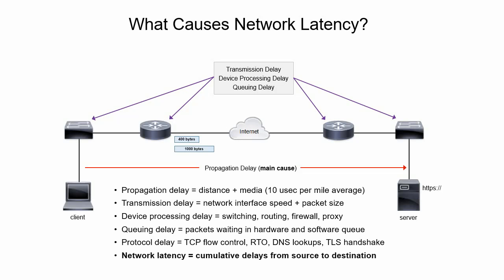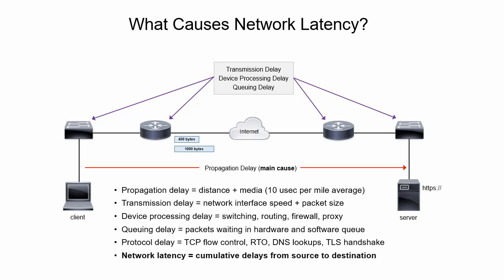Then there's queuing delay, and that's just packets waiting in the hardware and software queues. Software queues mean QoS. Hardware queues are standard with the devices you get and have nothing to do with QoS. So queuing delay will just be standard if the device is busy or the circuit is busy. You'll have queuing delays as part of trying to get the packets onto the wire.